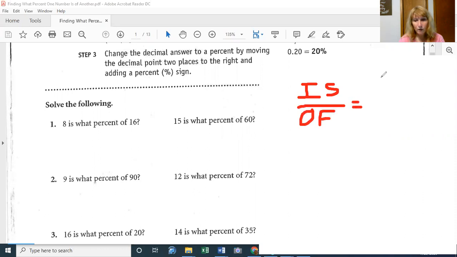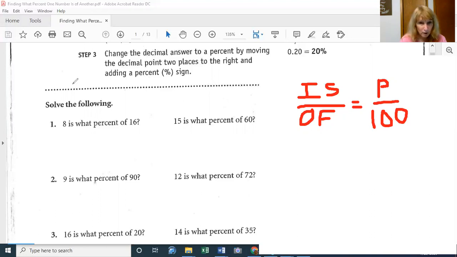I'm sure I showed you this in the last video as well, but there was a shortcut when you're just finding the percent. But now in this case, we are going to be looking for percent. We might be looking for the is. You might be looking for the of.